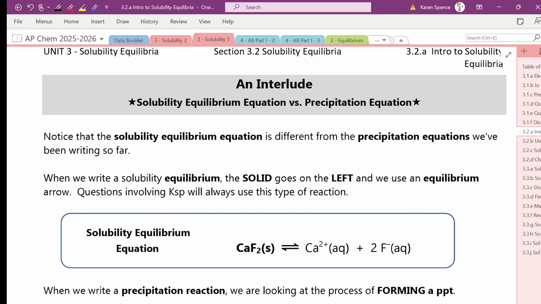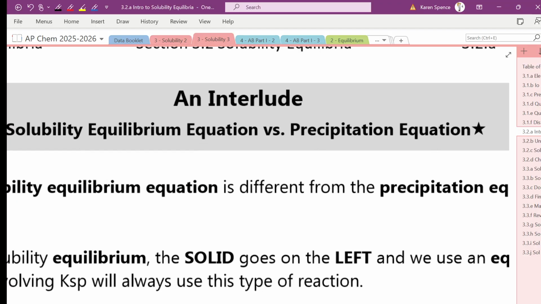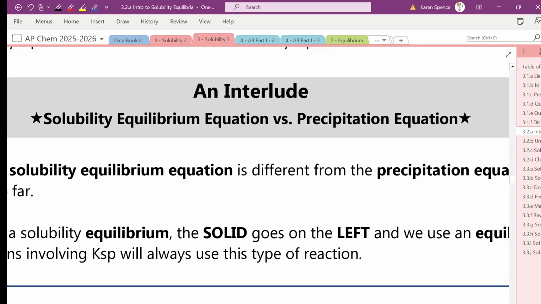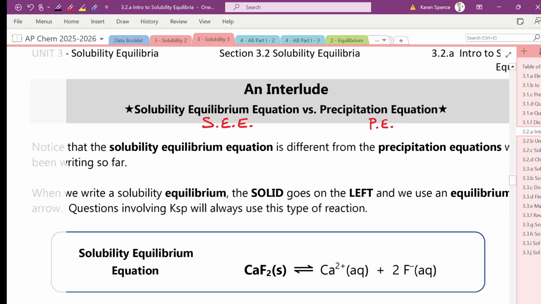And now we are going to do a little interlude, which is the solubility equilibrium equation, the S.E.E., versus the precipitation equation, which we're going to call the P.E. And I know we use P.E. for potential energy, but quite frankly, you're not going to be writing precipitation equation in explanations anyway. You are simply going to write the precipitation equation. So I think if we refer to this in context as the P.E., it should be okay. Yes? Okay.